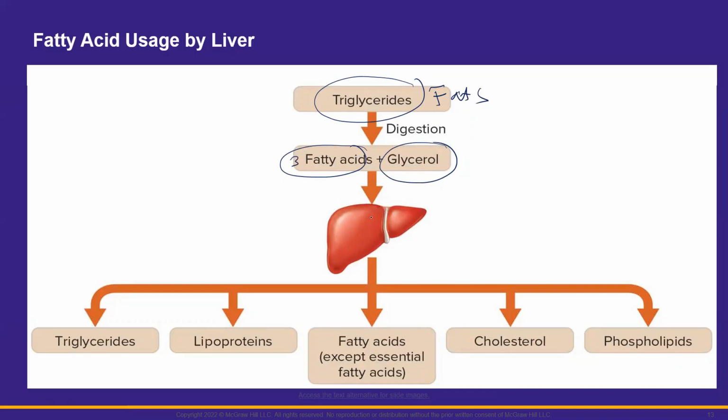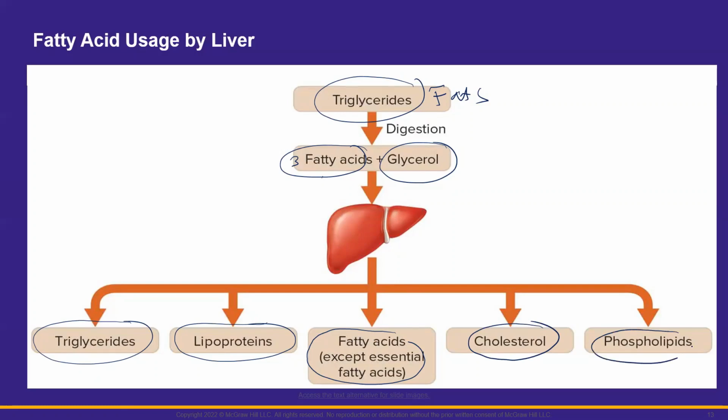In the liver, these fatty acids and glycerol can be converted back into triglyceride or into lipoproteins, or other types of fatty acid. So from 1 to 3, it becomes a different type of fatty acid, or it can be converted into cholesterol, or it can be made into phospholipid.